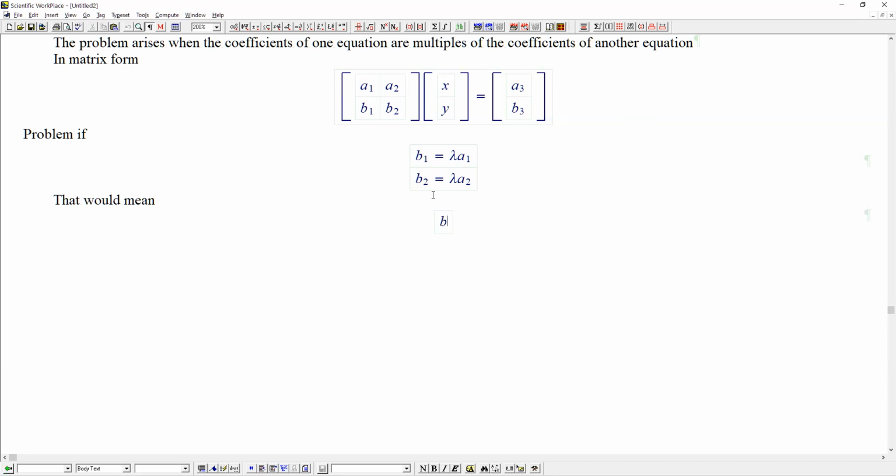So I get that B1 divided by B2 equals lambda A1 divided by lambda A2. And so I can get rid of the lambda there. I don't really care about it. And here I can just multiply by A2 and B2.